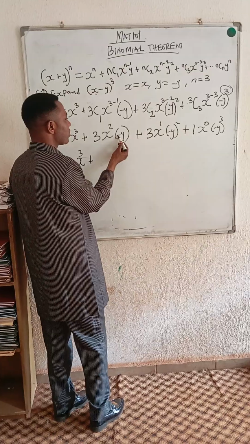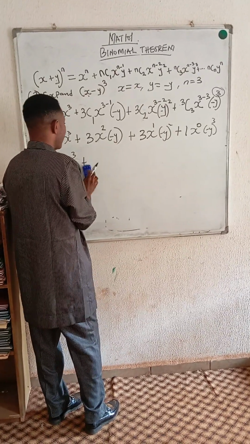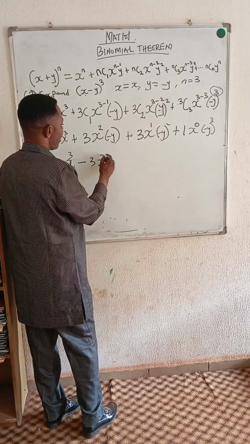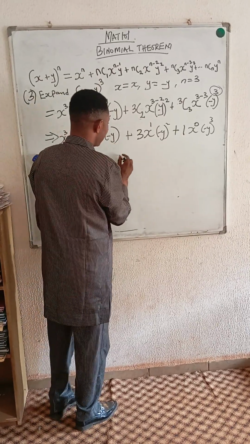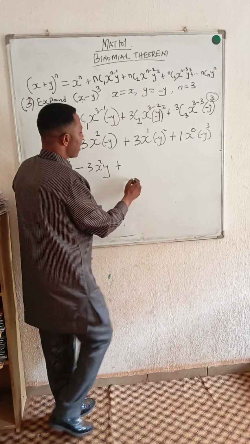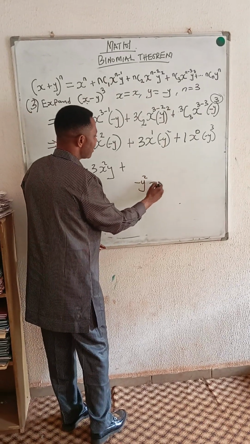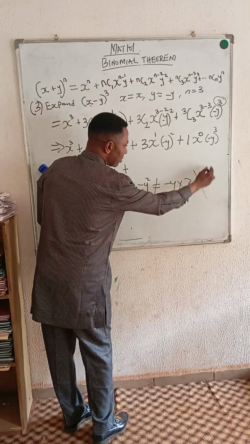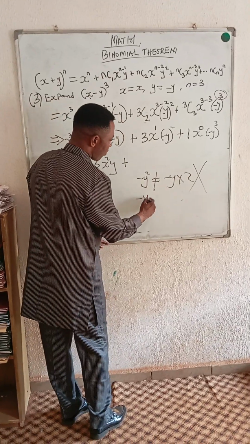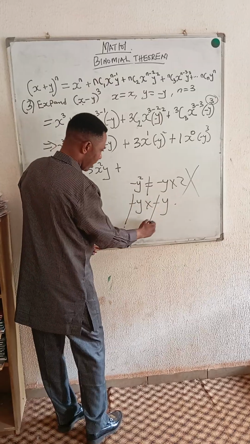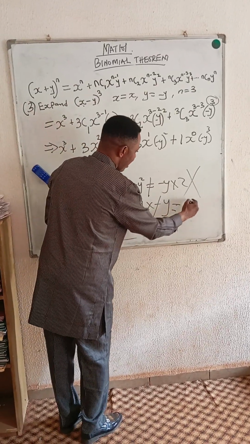Because of this minus, this plus here will change to minus. So we have minus 3x^2 y. But here, the plus will still retain y. Look at it, minus y squared. Minus y squared is not equal to minus y times 2. No. Rather, it is minus y times minus y, where we can see minus cancels minus. So y times y is y squared.